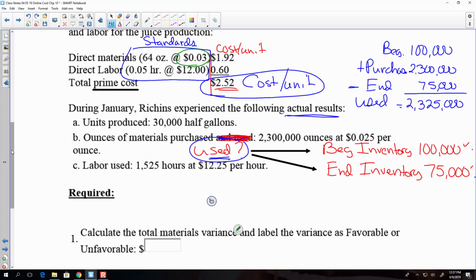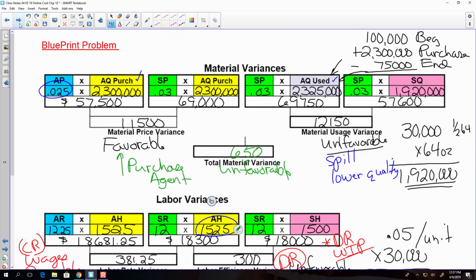That's what we thought we would spend, is the 3 cents. That was the budget number for our ounces of material. So that's what I used here then in my green number, 3 cents. And again, the 3 cents is used in 3 parts of my template, both in the analysis of the price variance, which again I spent less than I thought, which is going to give me a favorable variance.